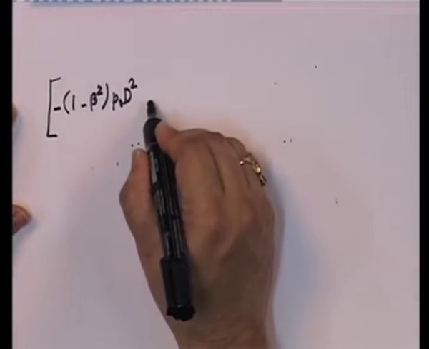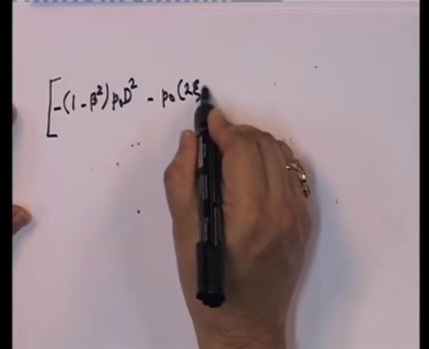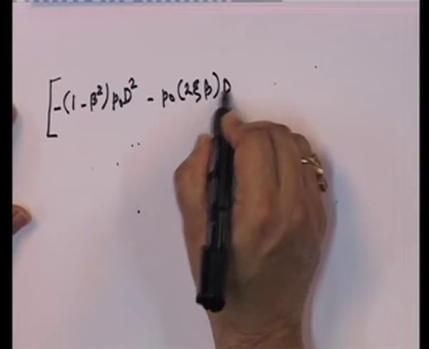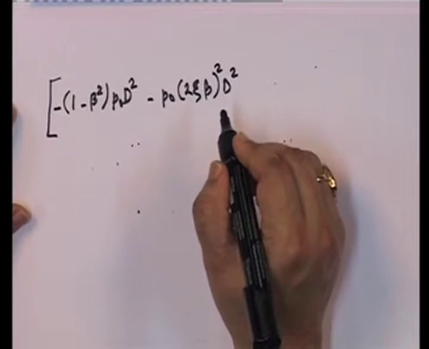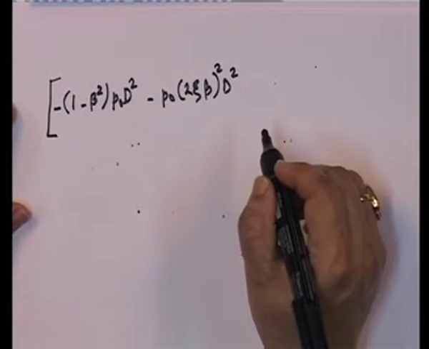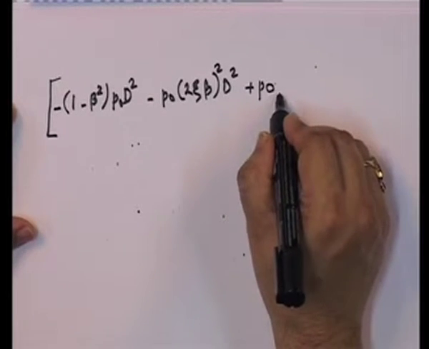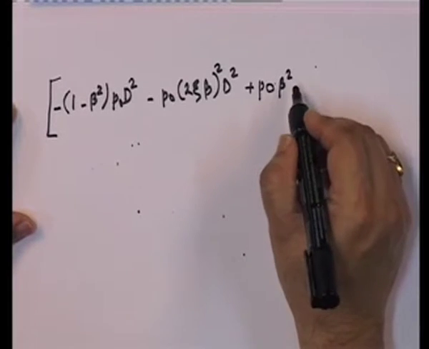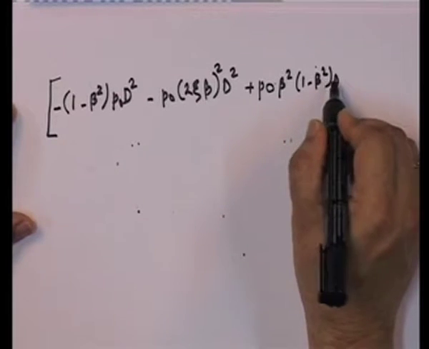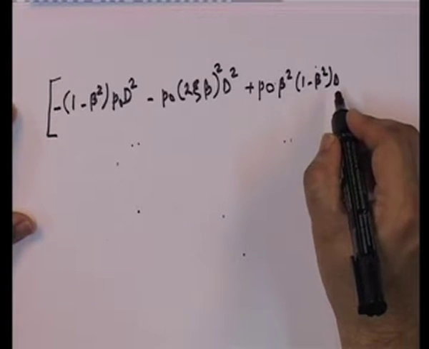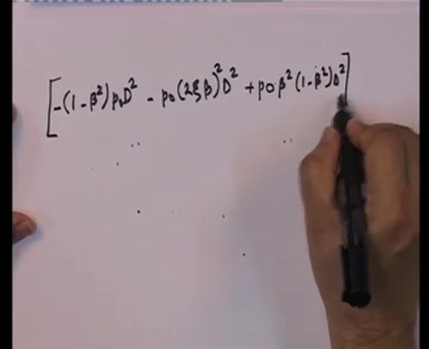From the second one, you get minus P naught 2 xi beta d, into the whole squared into this. So it is basically 2 terms, and then the third term becomes plus P naught beta squared into 1 minus beta squared d squared.